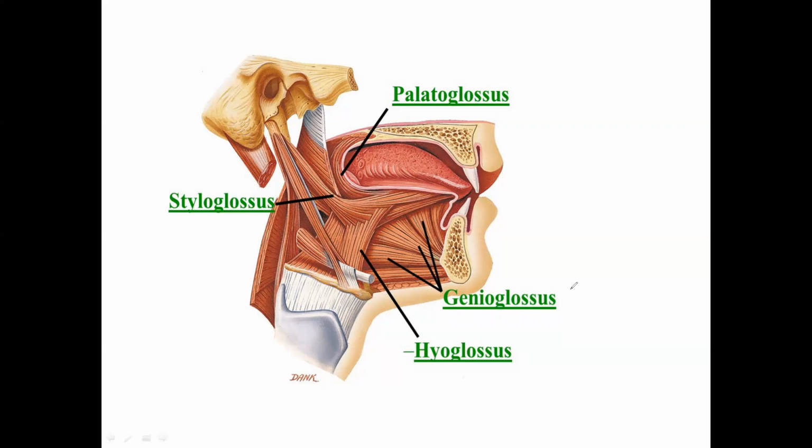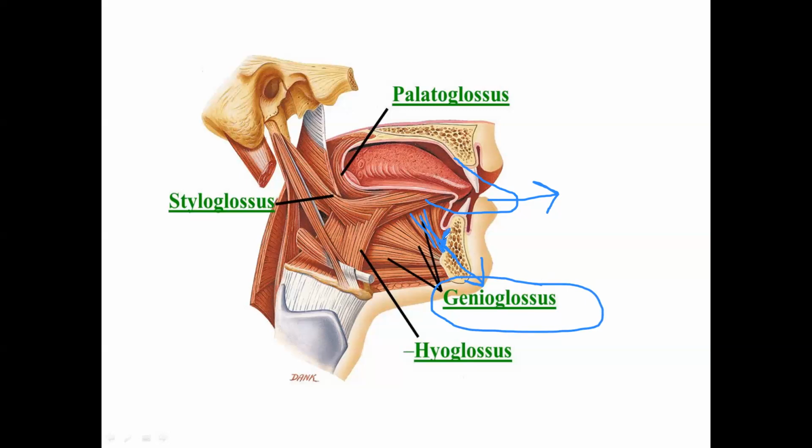If I ask you, which muscle is responsible in helping protrusion of the tongue? Which muscle helps tongue protrusion? You see, the muscle having fibers coming from the base of the tongue to the anterior region, giving this direction to the tongue. Don't you think that would be the genioglossus muscle? Because the genial tubercle is over here.